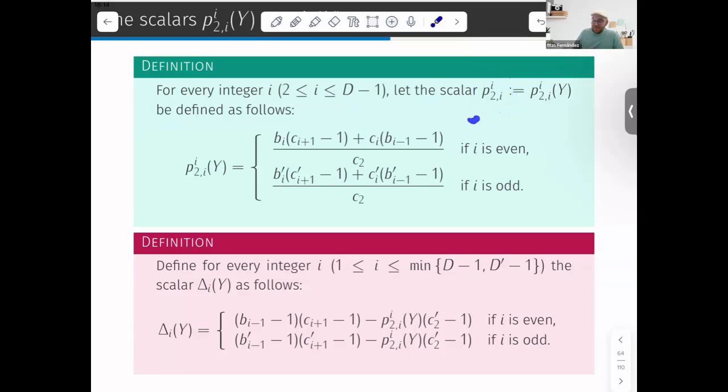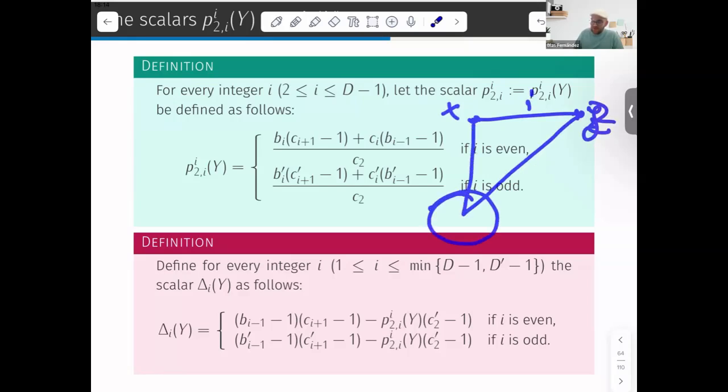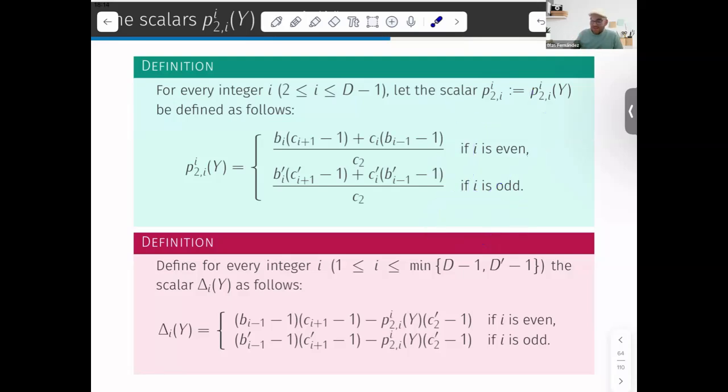We pick a vertex x, another vertex z at distance i from x, and now we count how many vertices here are at distance 2 from x and distance i from z. In a similar setting to what you probably know about distance-regular graphs, here we will define this scalar, and it will depend on Y, on the bipartition where we start. And using the properties of distance-biregular graphs, we can prove that we can explicitly compute this scalar using the intersection numbers of such a graph.